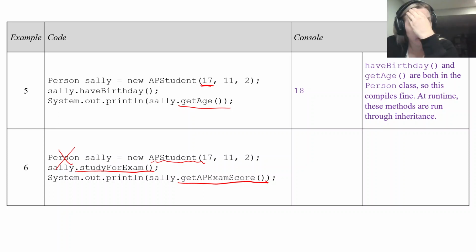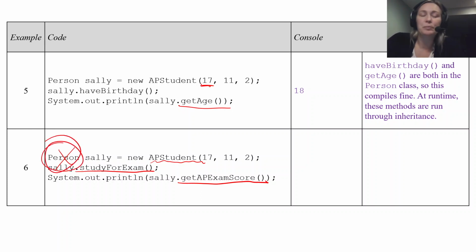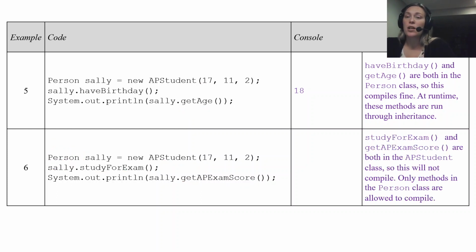And this is always what gets students, is they say, but she is an AP student, so she should be able to run those methods. And I understand that's what it seems like, but with upcasting, it has to be present in this class in order for it to compile. So because they are not in the person, this is illegal code and it will not work.